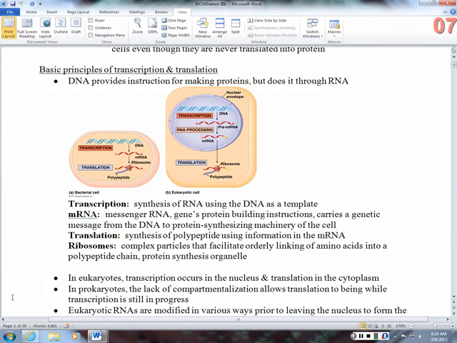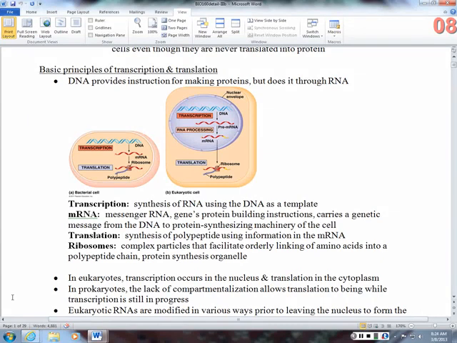So when we look at the basic principles of transcription and translation, the DNA provides your instructions for making proteins, but it does it through an RNA intermediate. In a eukaryotic cell, you have this DNA, and you need to send that set of instructions out to the cytoplasm. But the DNA won't fit through the pores in the nucleus to get out to the cytoplasm, so we make an RNA intermediate.